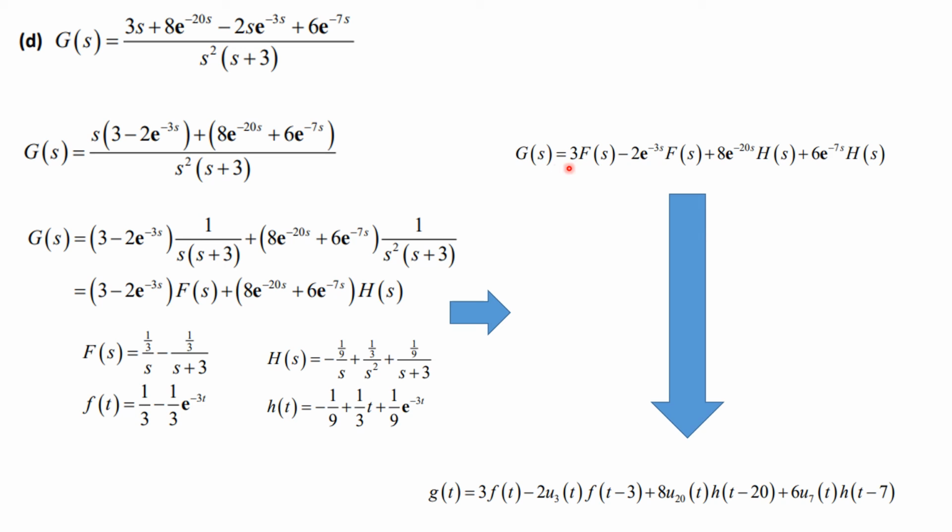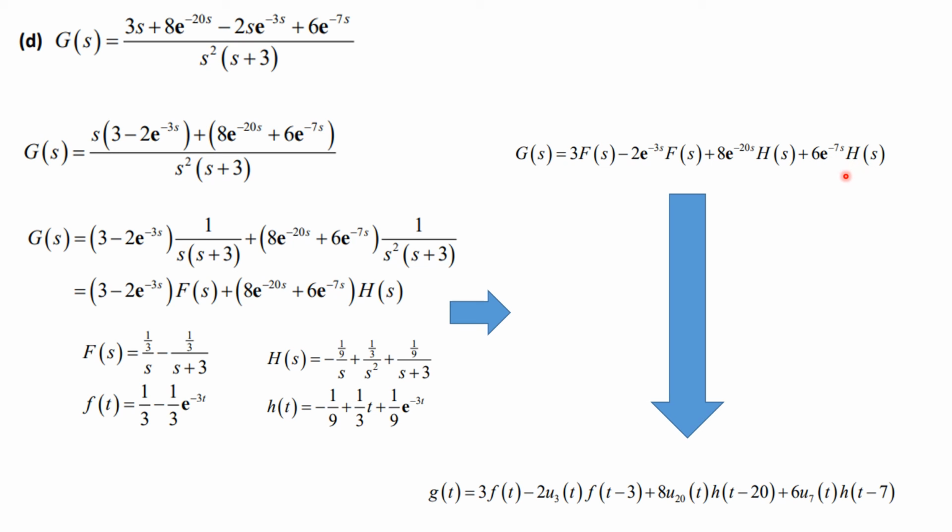Now let's remember what our original function was. It was up here, and so we realize that this is going to be, and I'm distributing here, 3 times F of s minus 2 e to the minus 3s F of s plus 8 e to the minus 20s H of s plus 6 e to the minus 7s times capital H of s.